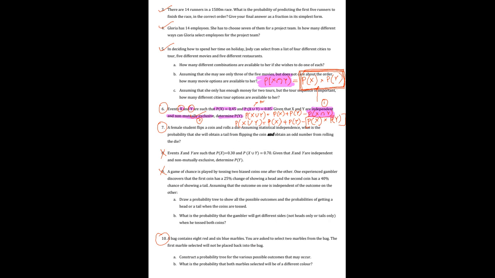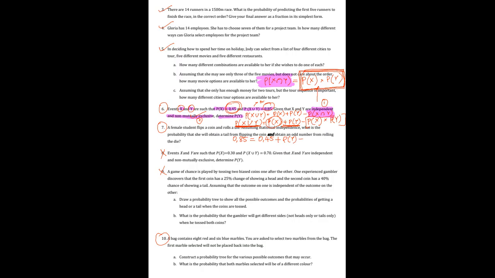Now you're going to substitute what values were given, to work towards what you needed to calculate. They gave you the probability of X or Y, that's what's on the left-hand side here. It was the 0.85. So you'll say 0.85 is equal to, they also gave you the probability of X, it's the 0.45, plus the probability of Y. We don't know that, that's what we're trying to calculate.